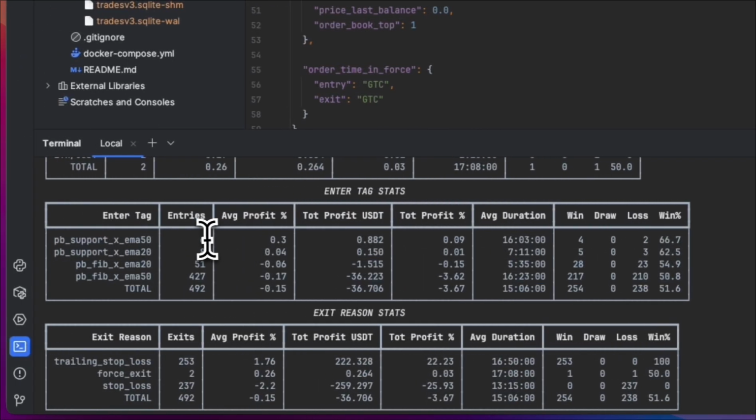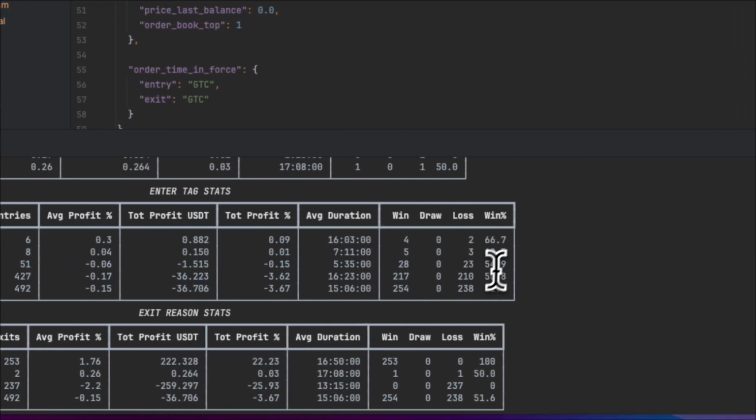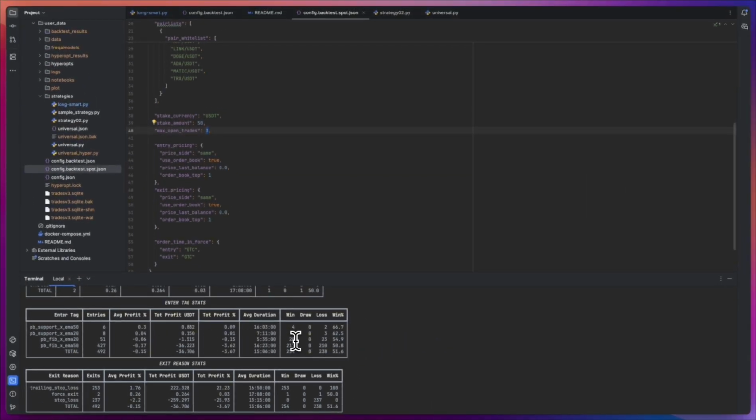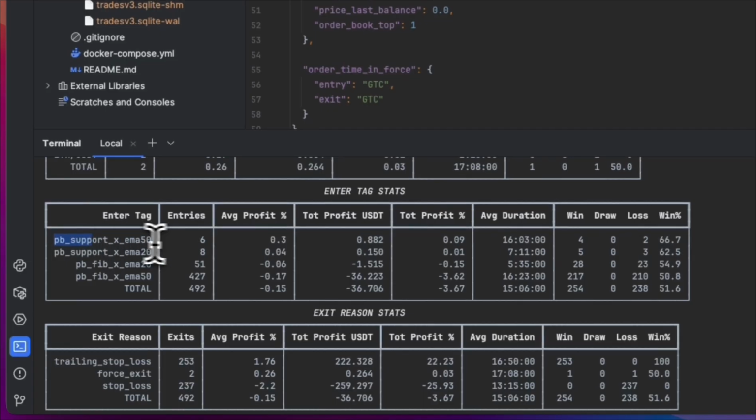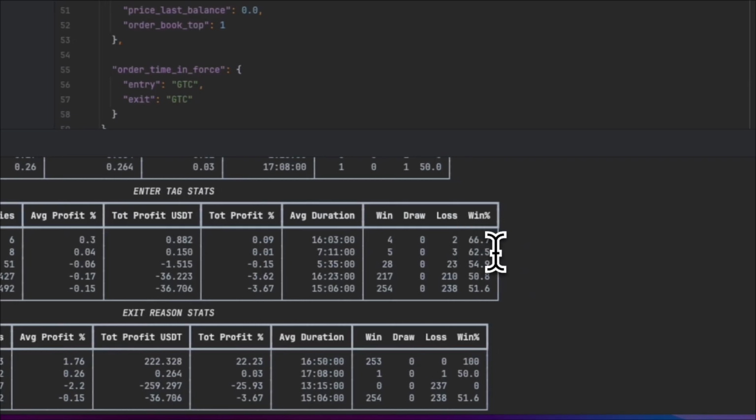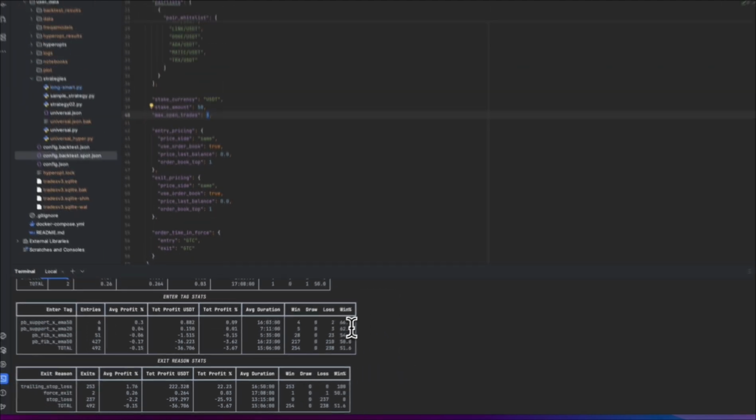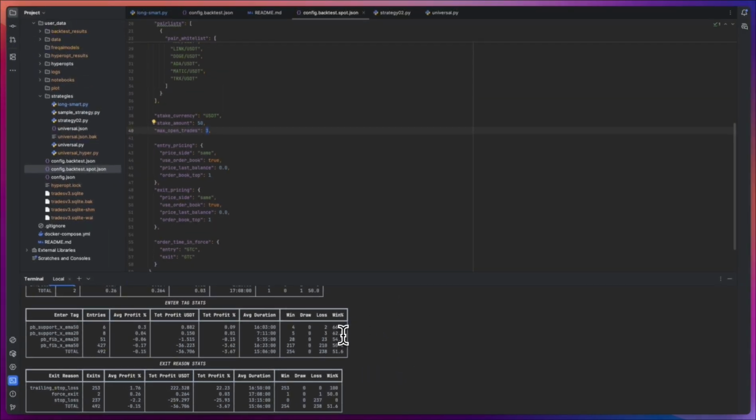We can see that our profit comes only from support lines. Fibonacci basically has lots of losers. And of course, Fibonacci has a higher trade percentage, but the support lines have a much better winning ratio, which is 66 and 62%, and that is something expected in most trading patterns. So 60% accuracy is something expected.